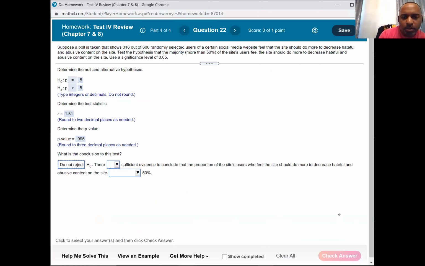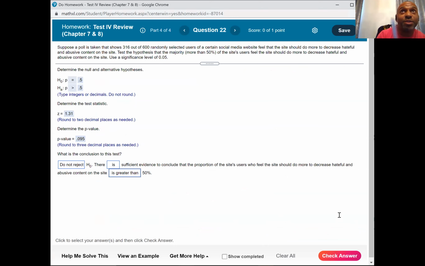There is sufficient evidence to conclude that the proportion of users who think the site should do more to decrease hateful content is greater than 50%. I have to make sure what the null hypothesis was. The null hypothesis is that the proportion is equal to 50%. So do not reject the null hypothesis.